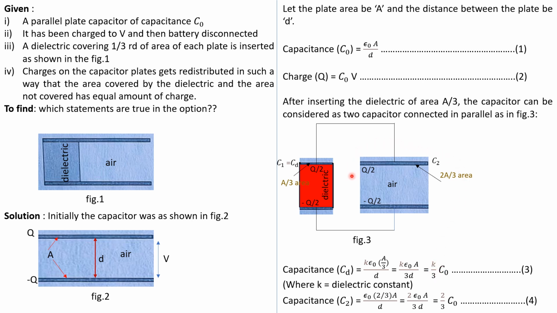For capacitance C2, accordingly, there is no dielectric here. We know that air has dielectric constant 1, so it can be written straight away as epsilon naught, area 2A by 3, separation D. So we will reach this equation, 2 by 3 C naught, equation number 4.